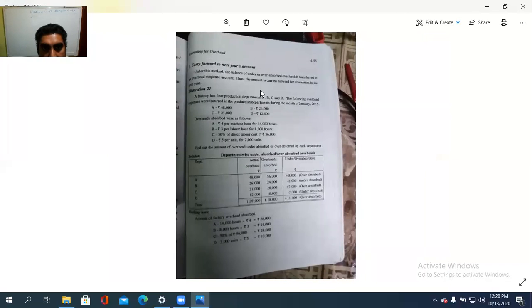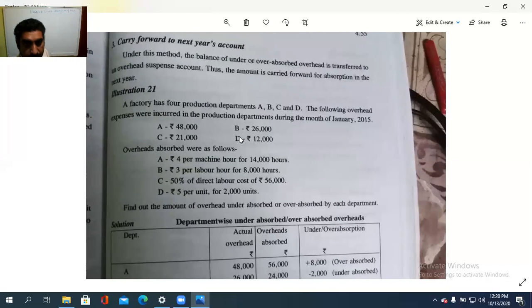See, a factory has 4 production departments, A, B, C, and D. The following overhead expenses were incurred in the production departments during the month of January 2015.